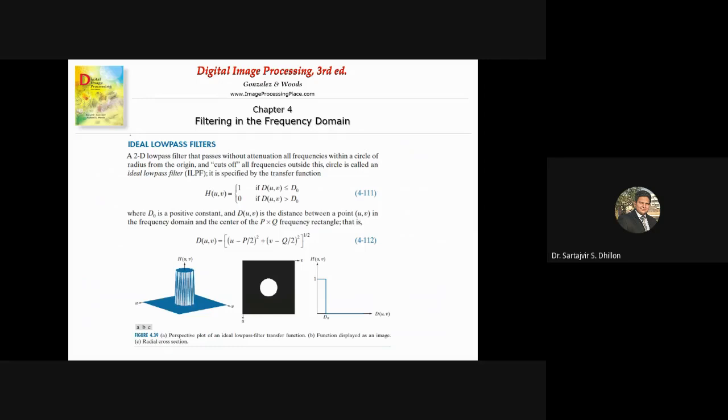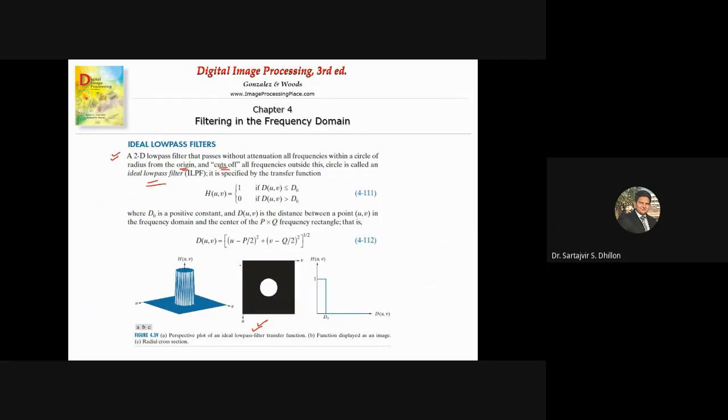We will do this in a little more detail. First we will take the example of the ideal low pass filter. A 2D low pass filter passes the information without attenuation within the circle of a given radius from the origin, and cuts off all the other frequencies outside the circle. It is called an ideal low pass filter.